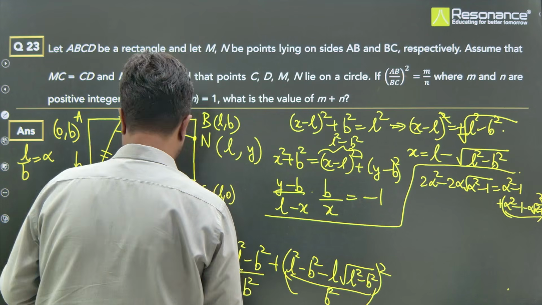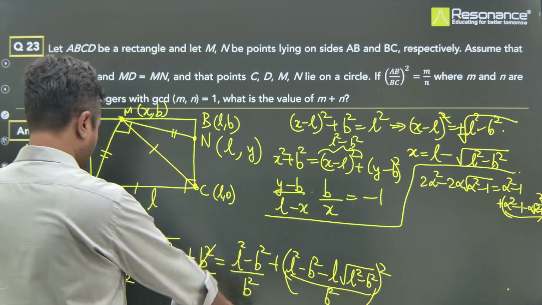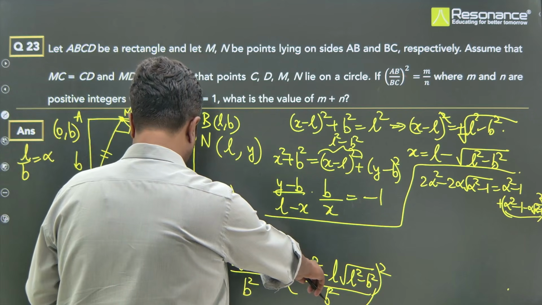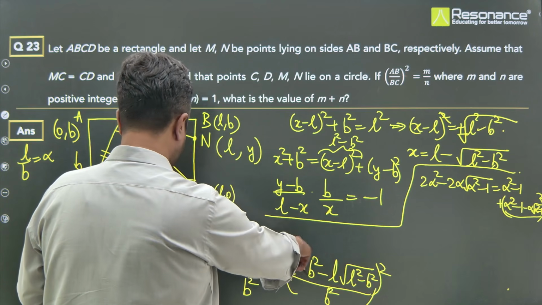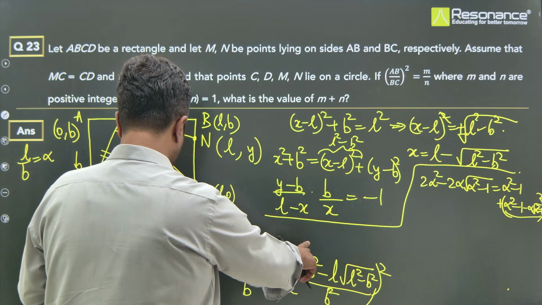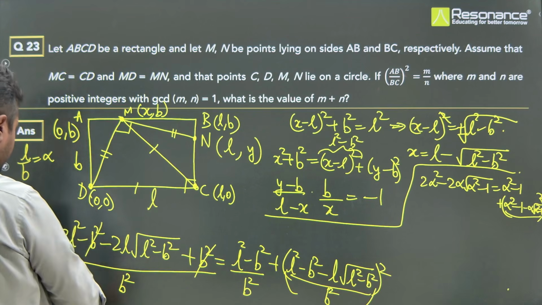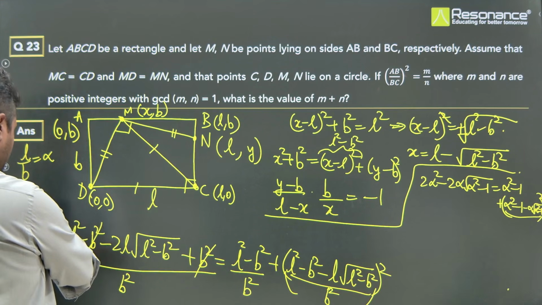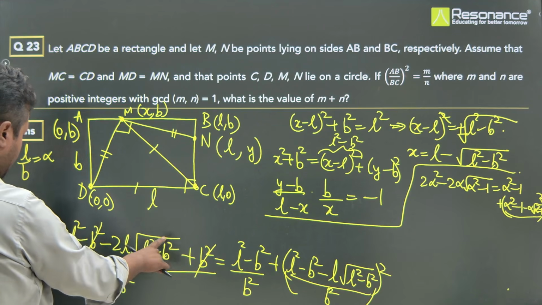Let's just check if I got the equation right. Okay, L square minus B square minus L into all of that divided by B square whole square is equal to all of this thing over here. So 2L square, no, just L square, right? So 2L square minus B square.